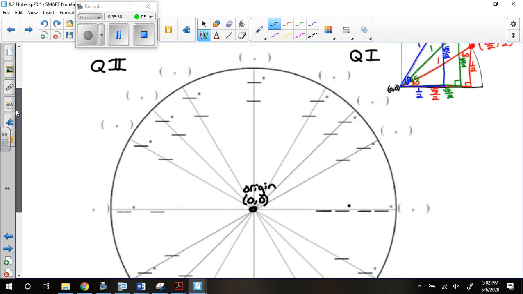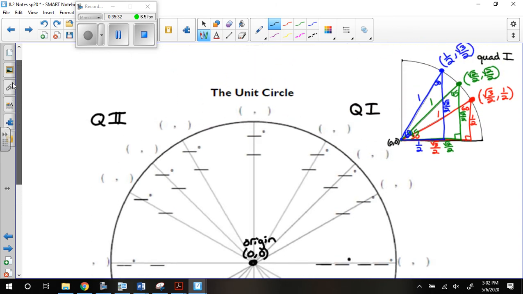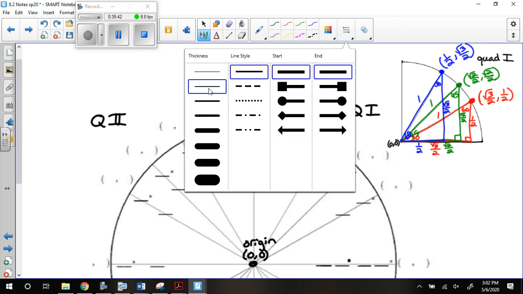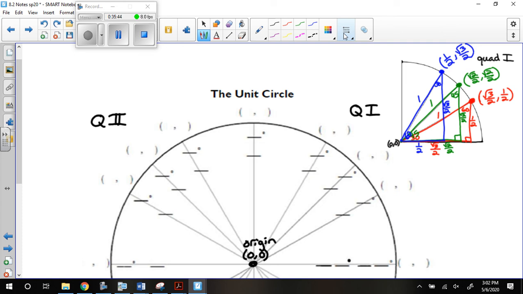So since we just talked about these ordered pairs, I'm gonna fill those in first. Okay, so I've got, let me get a skinnier pen here. Square root of 3 over 2, 1/2. Then I've got square root of 2.